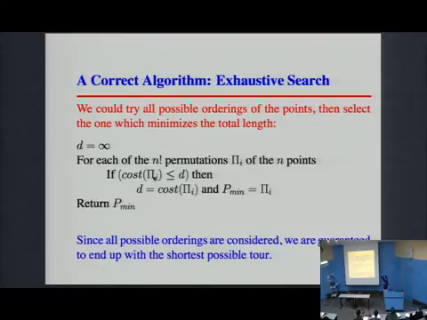How many different orderings are there? How many circular orderings are there of n points? We agree that if we had a linear ordering where we started from 1 and went to the nth point, there are n factorial different permutations. So what do we know? There's a couple of different issues. One is, there's n factorial.